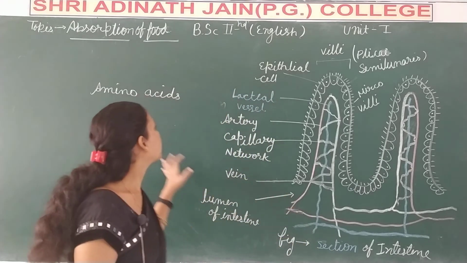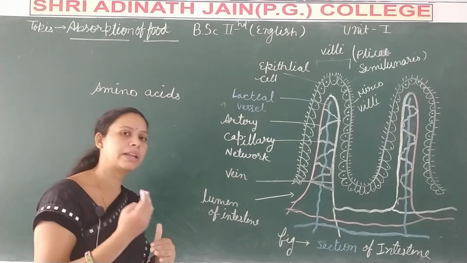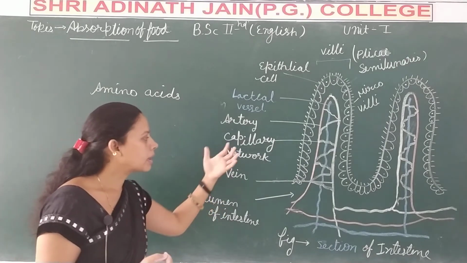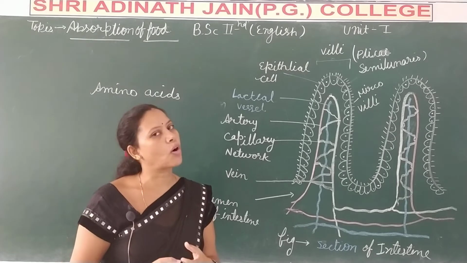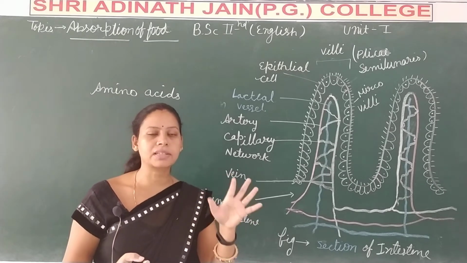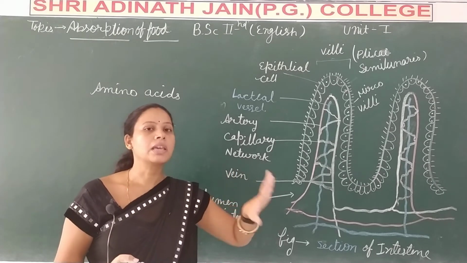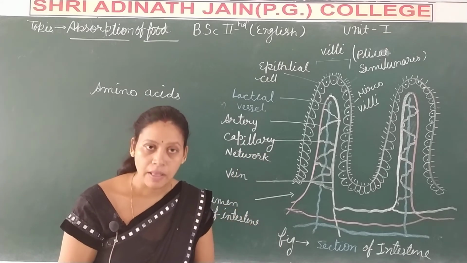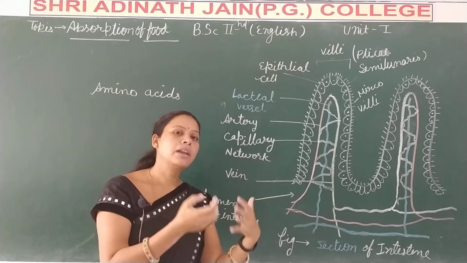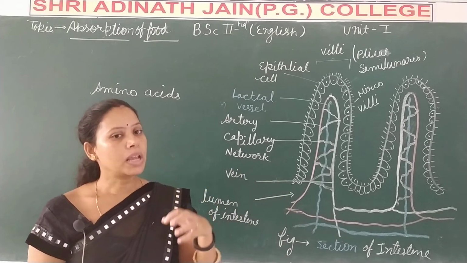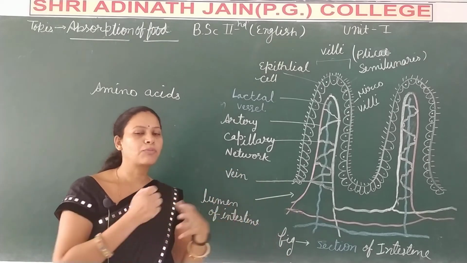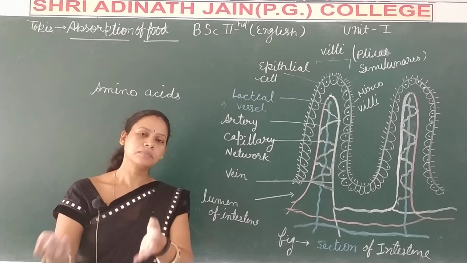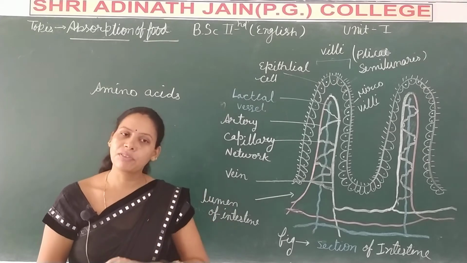It means some of the dipeptides can be easily absorbed by the epithelial cells of the intestine. But some of the amino acids are absorbed by the active process, and some of the amino acids are absorbed by the passive process.